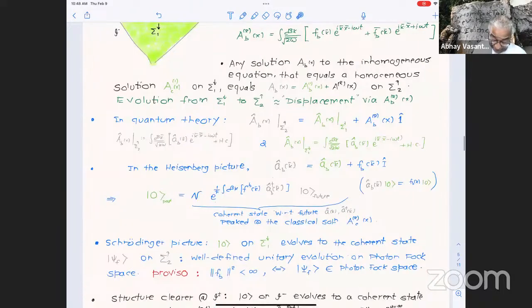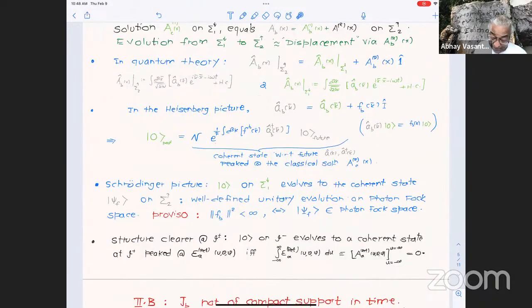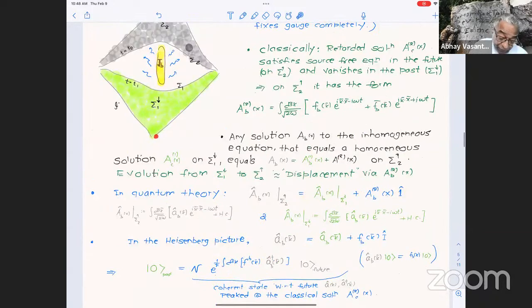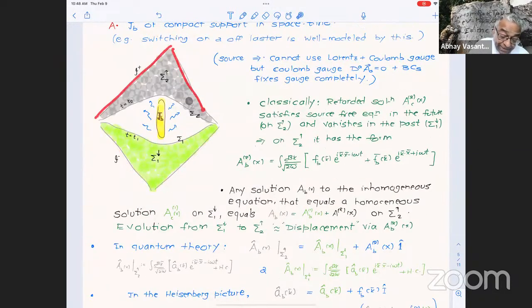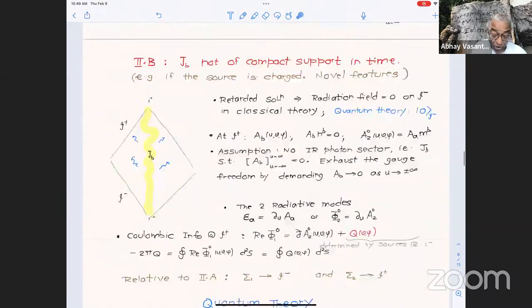And therefore, the structure is clearer in this Scri plus. Namely, what would happen is that if you give me a vacuum state up here, it actually evolves into a coherent state in the future. So I'm saying that that's a consequence of what we talked about if the source is of compact support, but it's also going to be true if the source is not of compact support in time. And that is what we are going to talk about now.